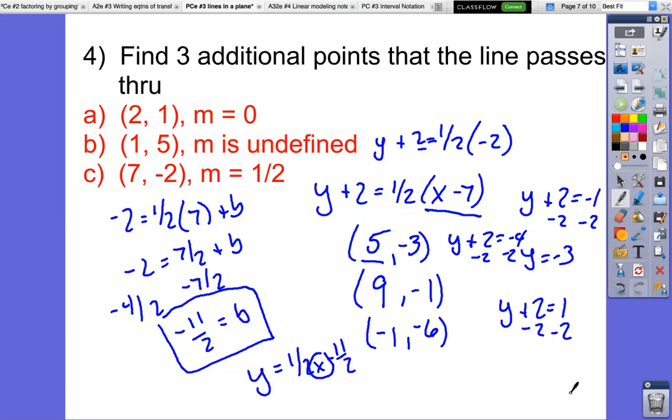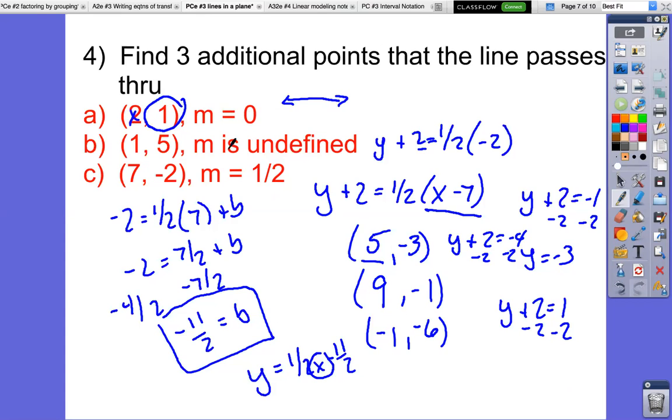I think that was the last example I had planned for today. Does anybody have any questions? Let's say this one more time. If your slope is 0, your x's are changing, your y's stay the same. So you can plug in any value for x as long as y is 1.